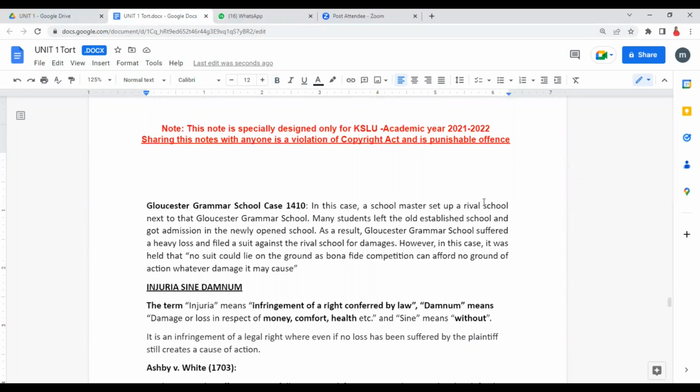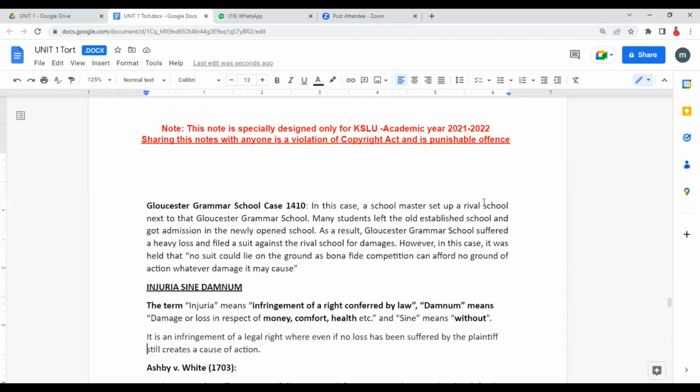There was a schoolmaster in that school who had a good reputation with the students, as in students used to like that teacher a lot. But he had some arguments with the management and he left the school. This schoolmaster, who had a good reputation with students, left that school and opened a rival school, a similar school in the same area.